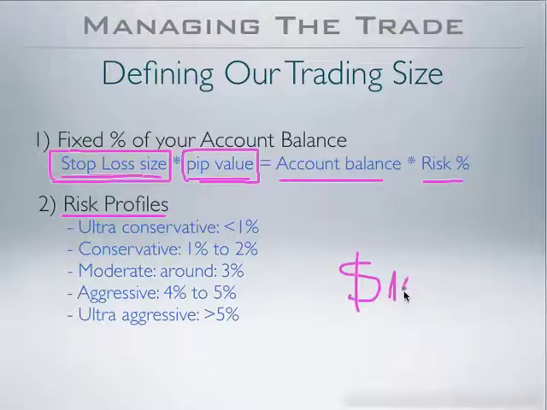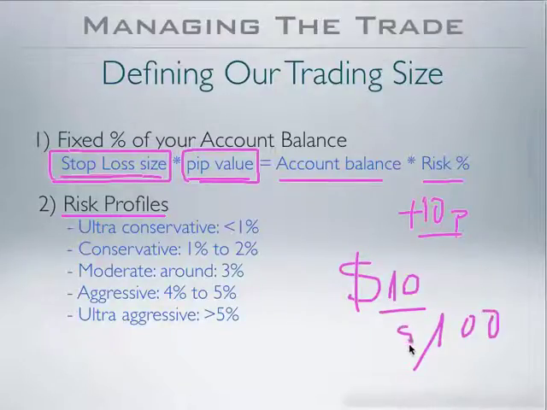If you are trading one standard lot on the euro against the American dollar and you make, let's say, 10 pips, well, you multiply 10 pips by $10, and obviously you will make $100 of profits in that particular trade. But that's on the euro against the American dollar.